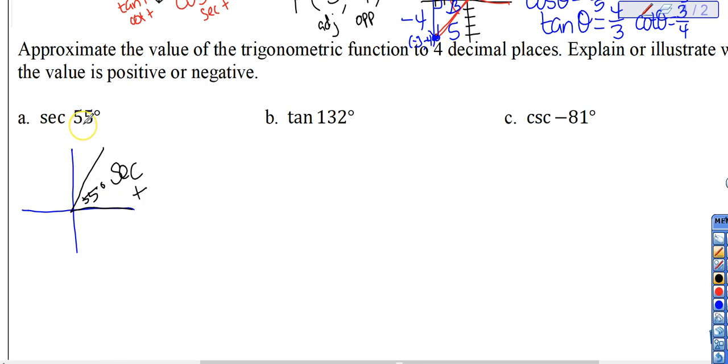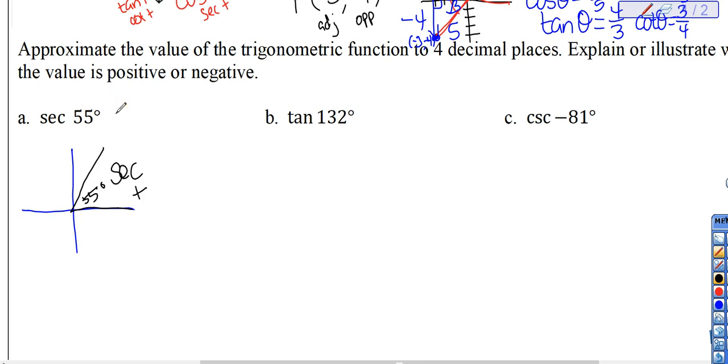What's really important to note here is that your calculator needs to be in degrees, because this is the secant of 55 degrees. If it's 55 radians, this would be a huge angle, like spinning around whatever 55 divided by 6.28 is, a lot of times, 8 or 9. Okay, so how am I going to plug this into my calculator?